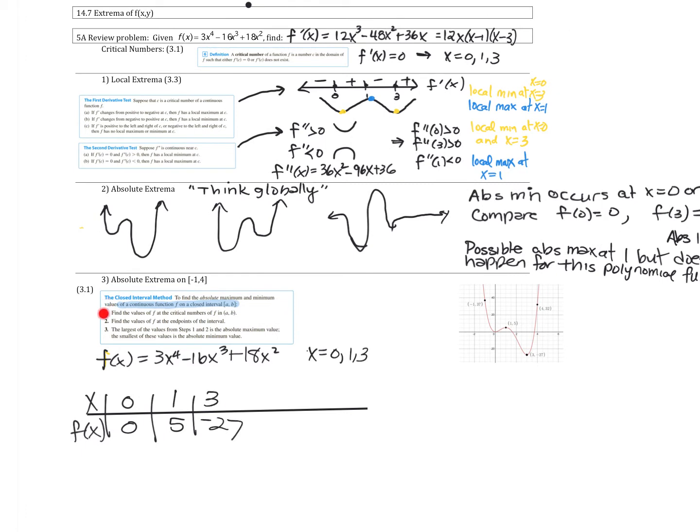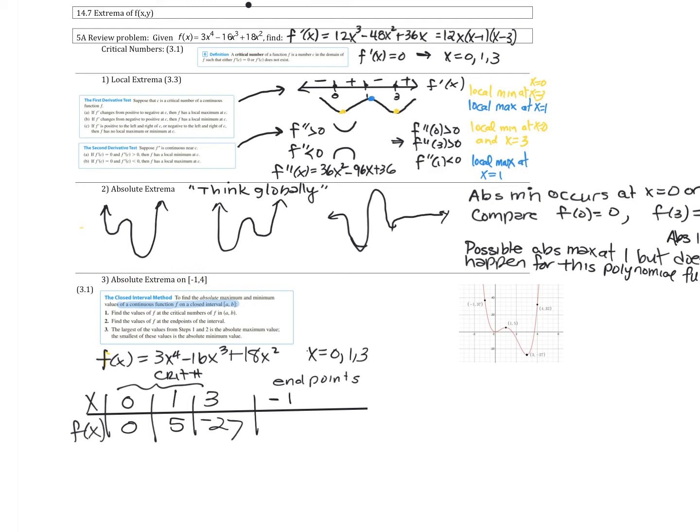Okay. Step 2 says find the values of f at the endpoints. So these were the critical numbers, and then we also had to look at the endpoints. The endpoints in this example are for the closed interval -1 to 4.